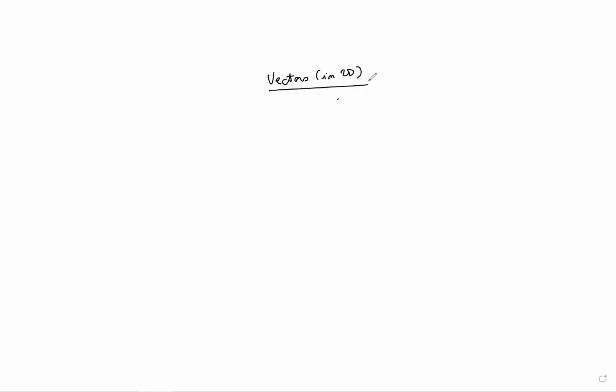Vectors in 2 dimensions. When you are talking about a vector, you're talking about a magnitude, which is a length, and a direction, which is here and upwards. If I take a basis, a basis is a set of 2 vectors which are of different directions.